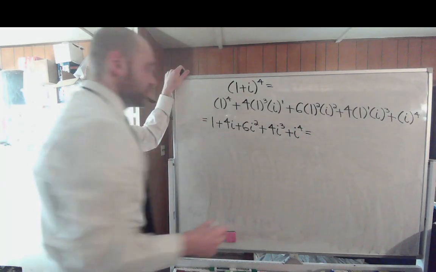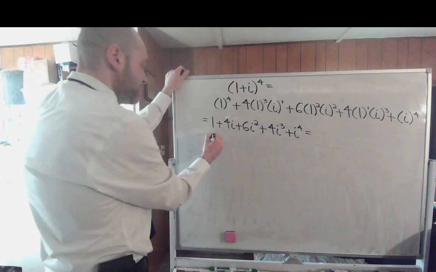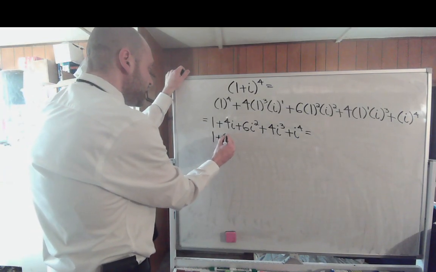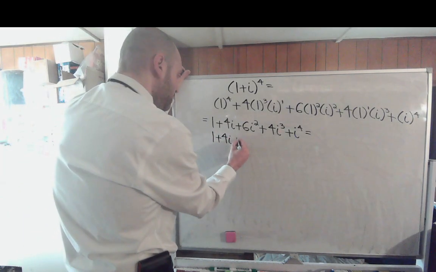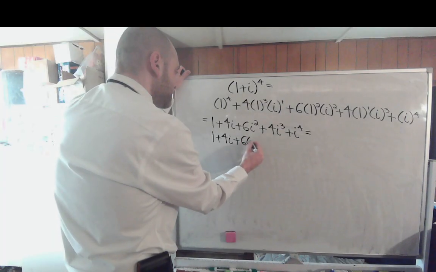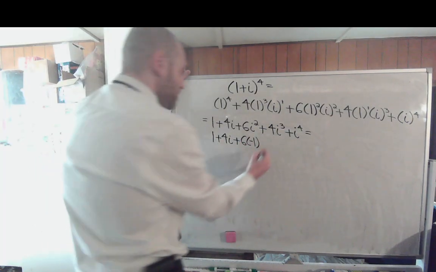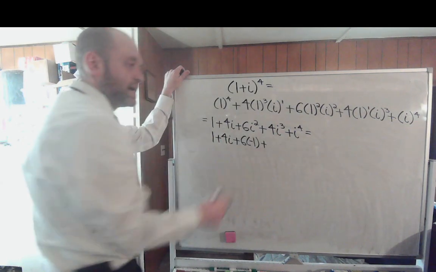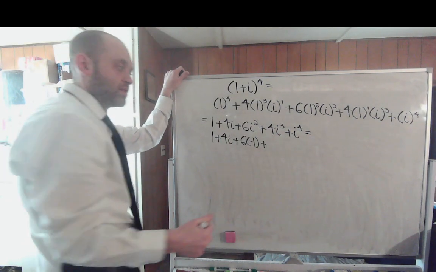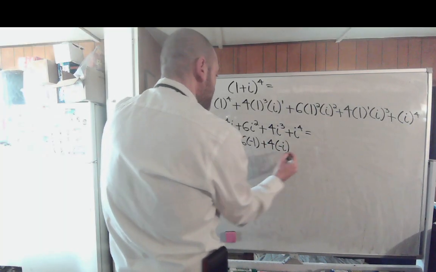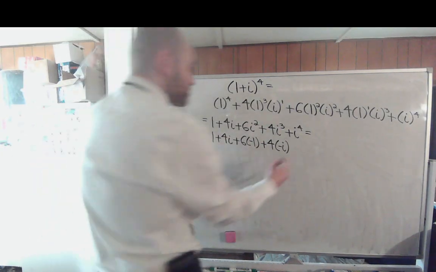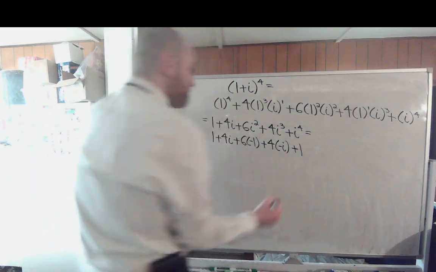Well, we know this is going to simplify further because we have 1 plus 4I. But what is I squared? That's negative 1, right? So this would be plus 6 times negative 1. Plus we have 4I to the 3rd. What's I to the 3rd? Well, that's negative I. So this would be plus 4 times negative I. Plus I to the 4th, which is just plus 1.